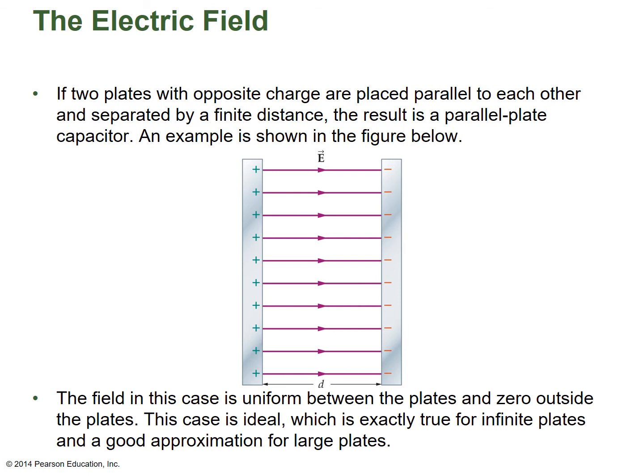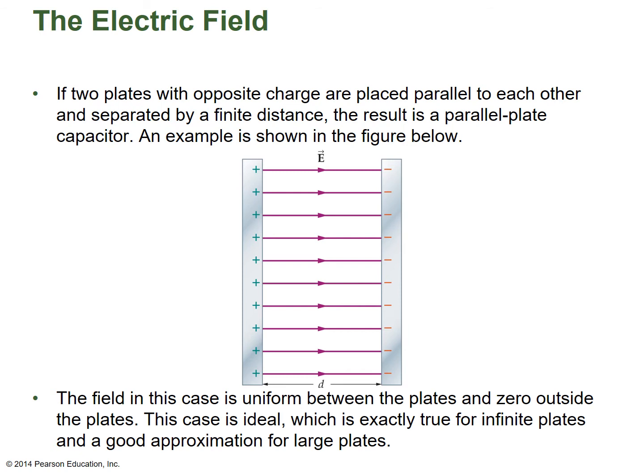Sigma is the surface charge density on each of these two plates, assuming that we have identical plates here, and epsilon naught is the permittivity of free space between the two plates. As you know, epsilon naught is given to be 8.85 times 10 to the minus 12 coulomb squared per newton meter squared.